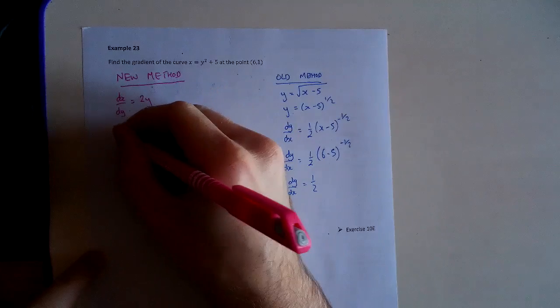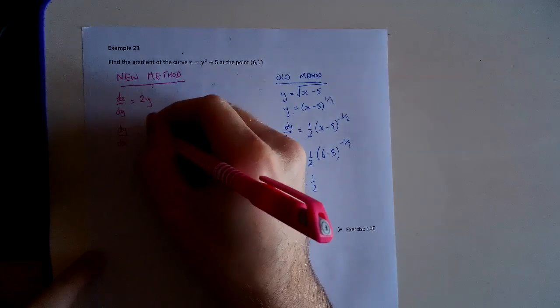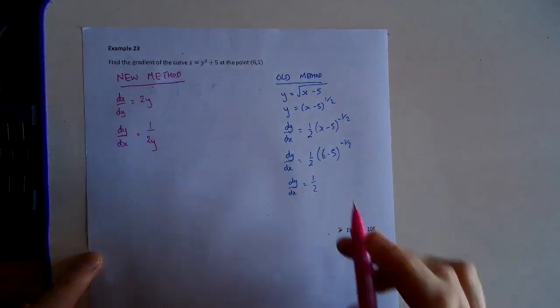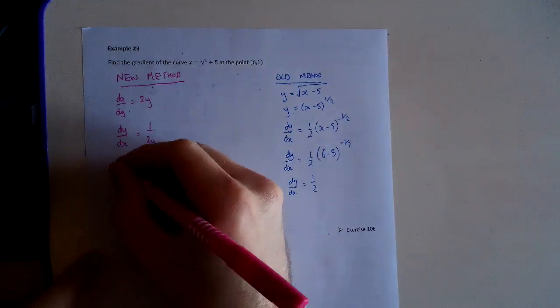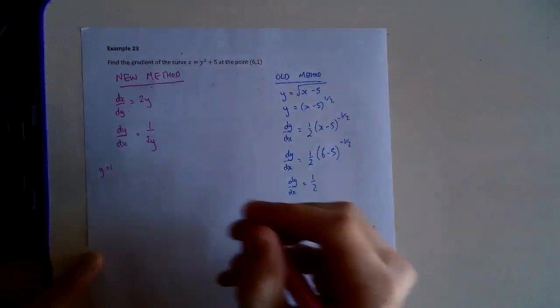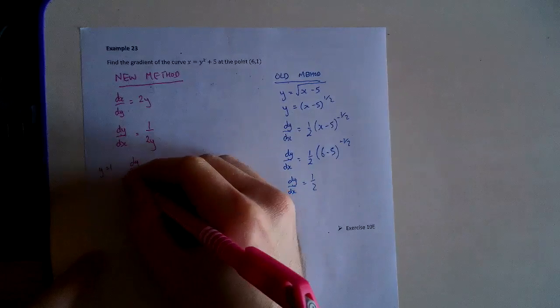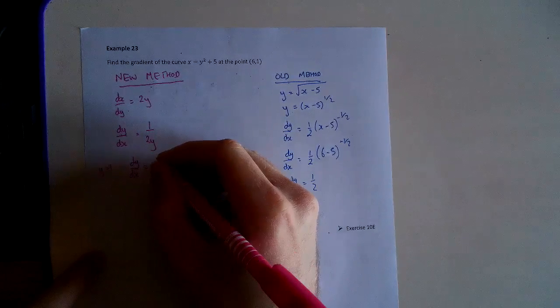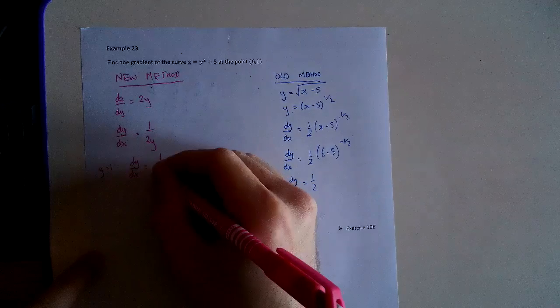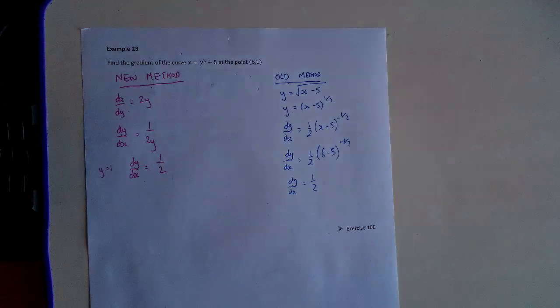So flip both sides, so dy by dx is 1 over 2y. We know y is 1, so sub in y is 1 to get dy by dx is 1 over 2. That's it, much quicker. But whichever way you prefer, you use that way.